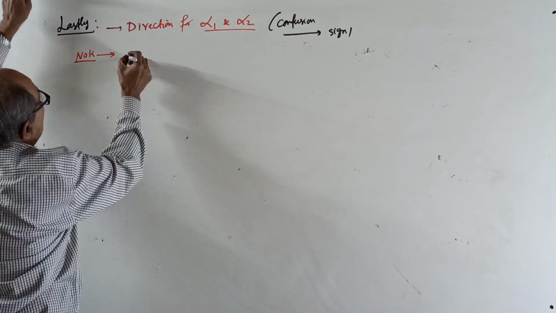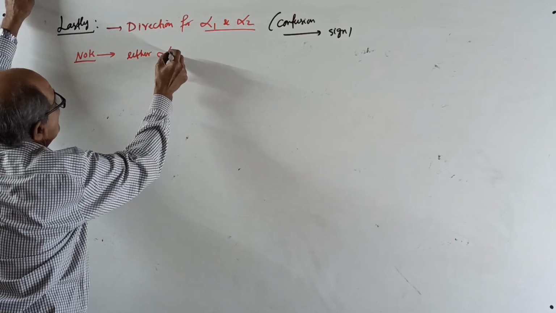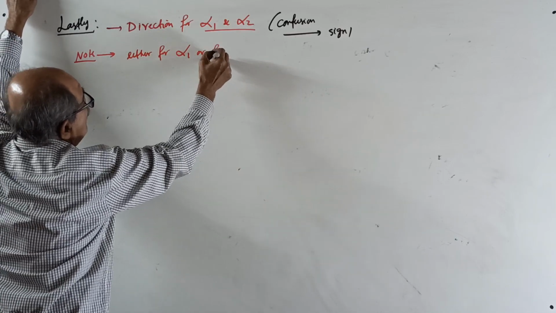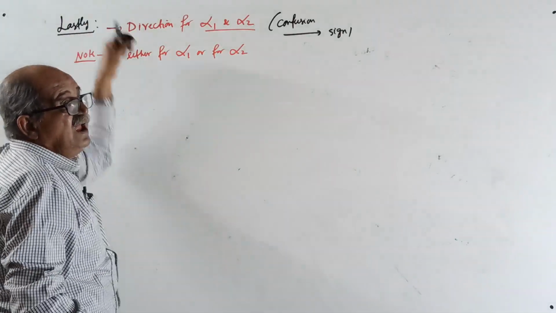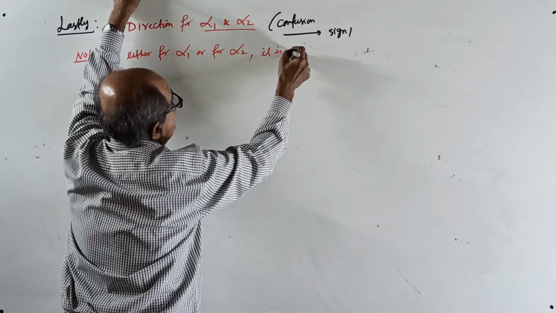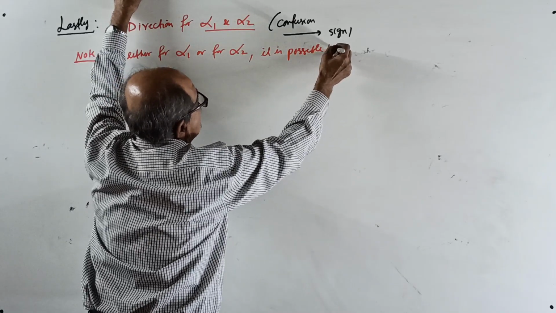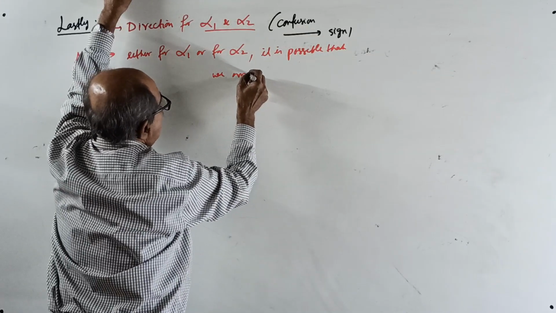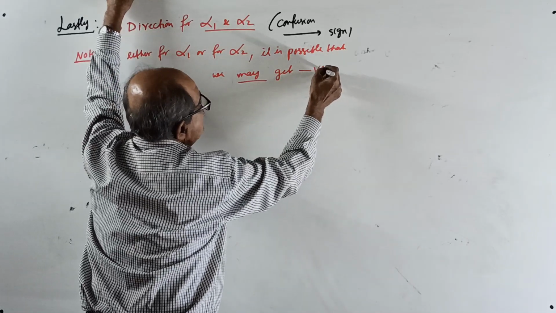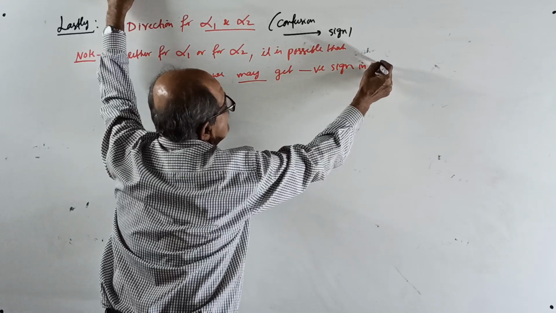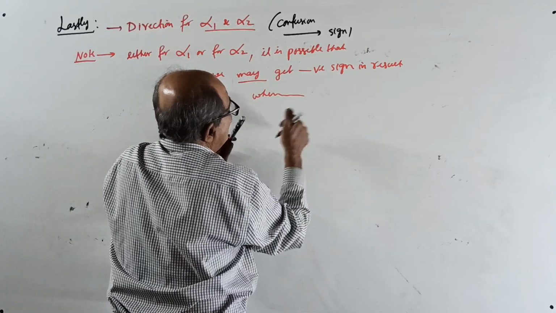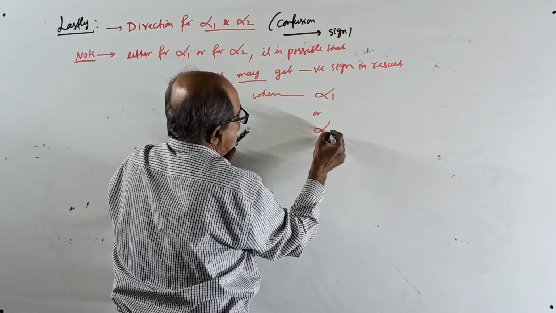It is possible that either for alpha 1 or for alpha 2, we may get a negative sign in the result when we substitute in the formula alpha 1 or alpha 2 equal to tan inverse of this.